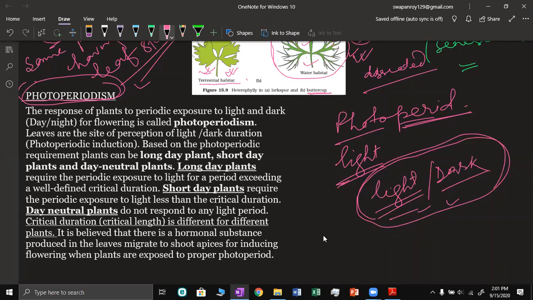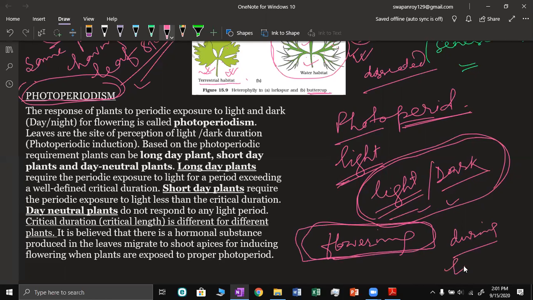Related to this flowering. It has been observed that the flowering of many plants requires a certain duration of light alternating with the dark period.